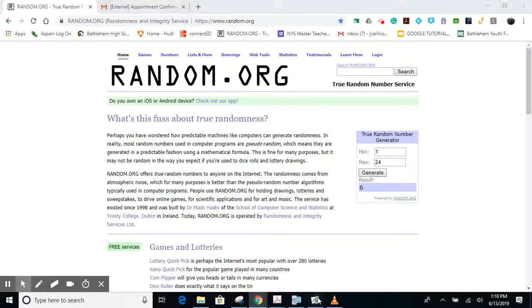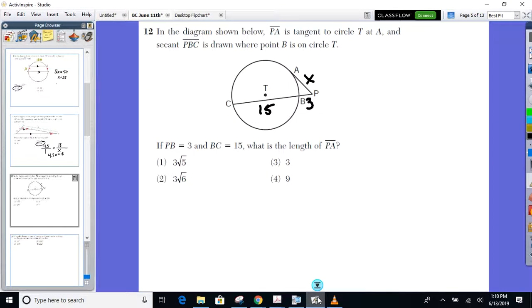Going with number 6. Okay, 18 times. Okay, hold on. Ready? Just explain as you go here, Phoebe. Where's the 18? Whole secant times the external part equals whole tangent times its external part, which is always the same.